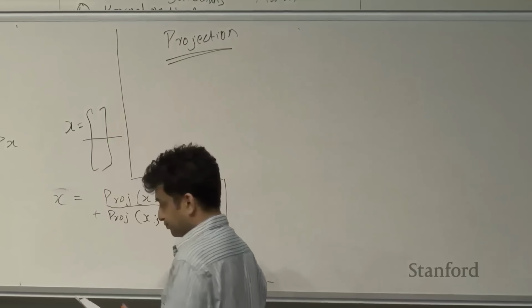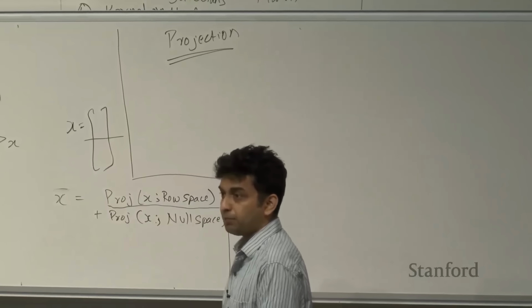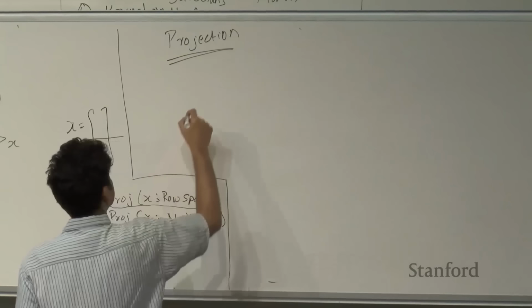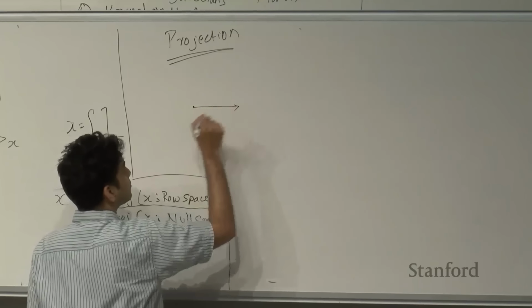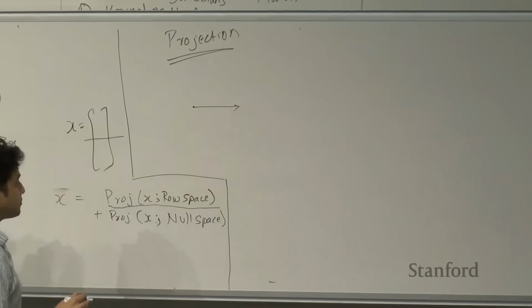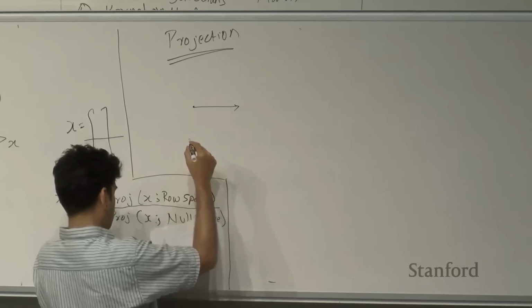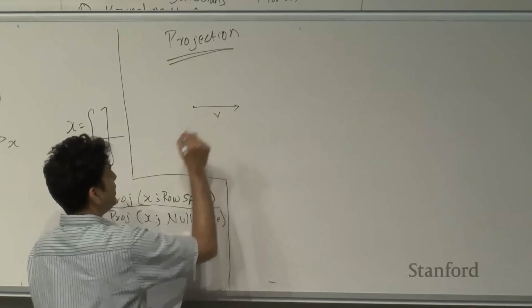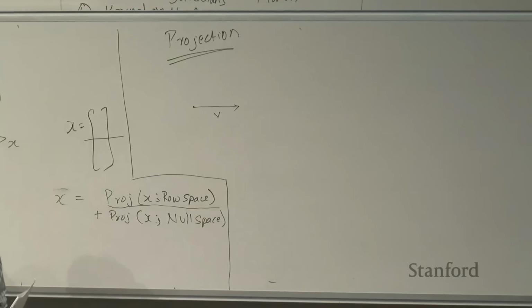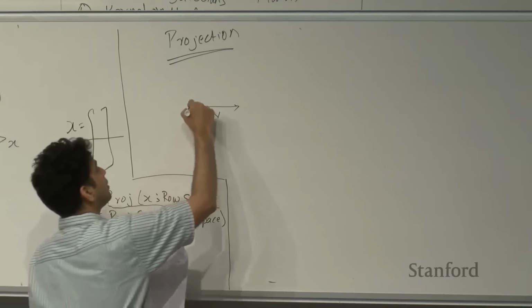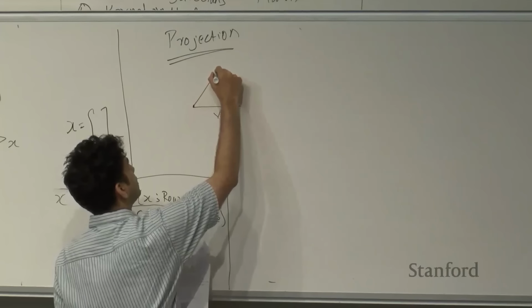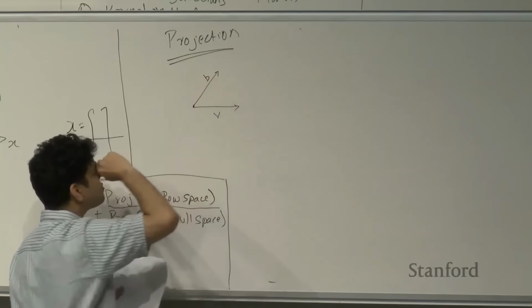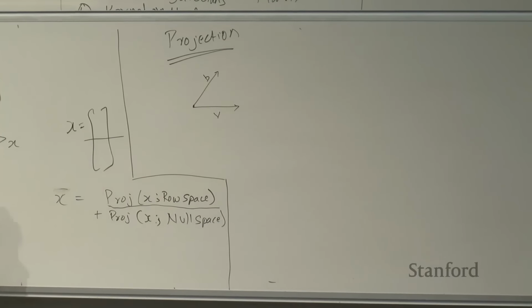So projection. We'll start with the simplest case, where you have a vector, let's call this V, and another vector, let's call it B. There are two different vectors.